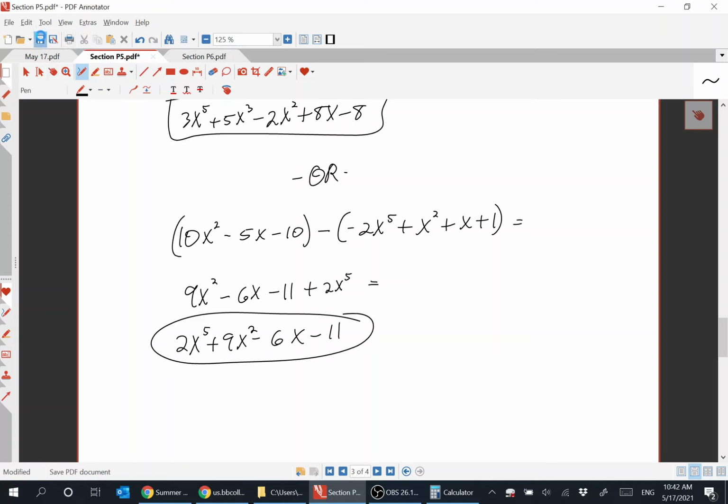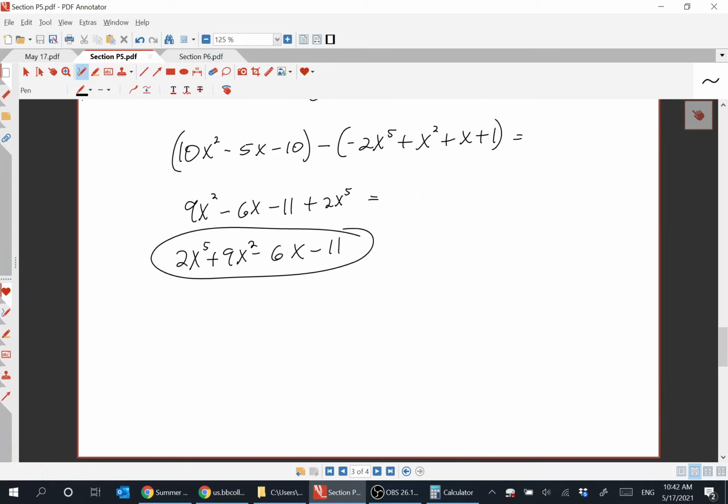All right. So adding the algebraic expressions, that's easier. What's harder is multiplying algebraic expressions.